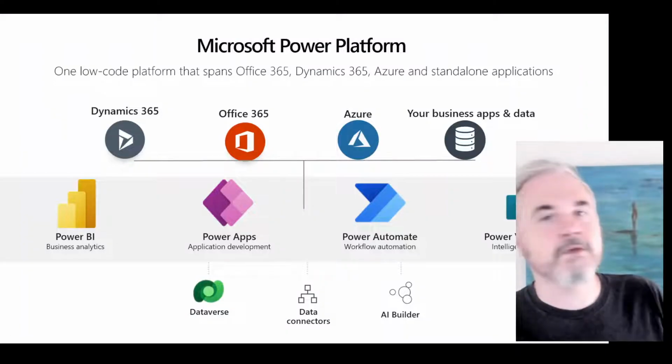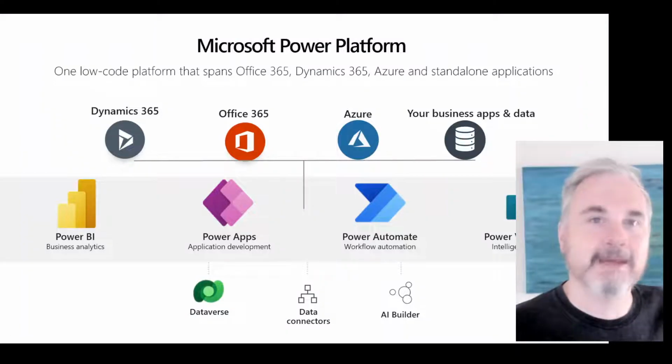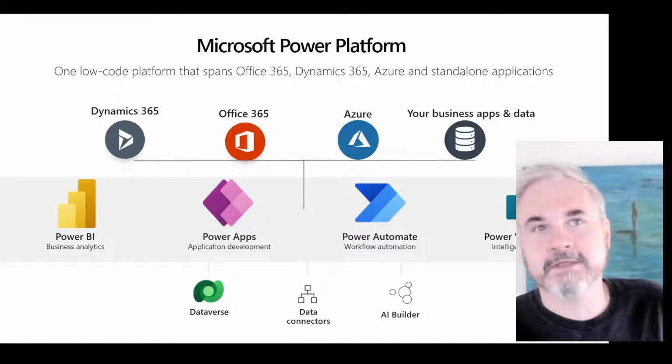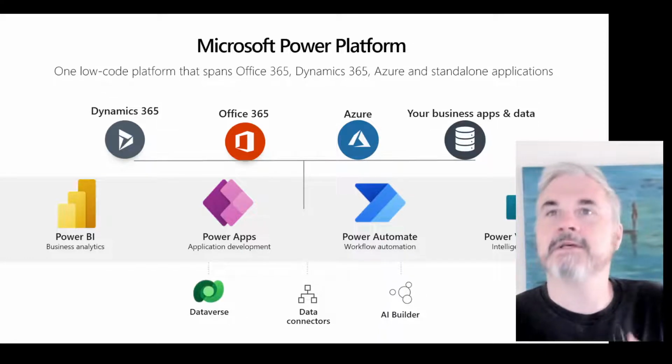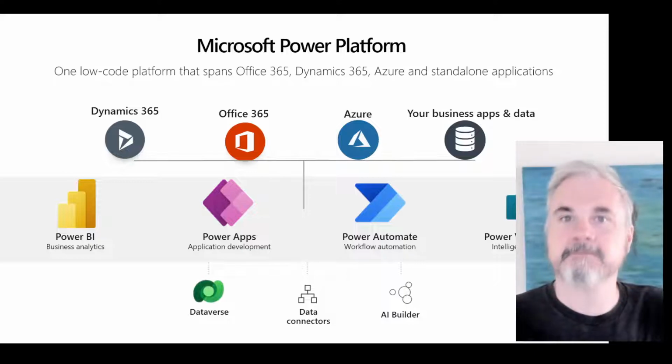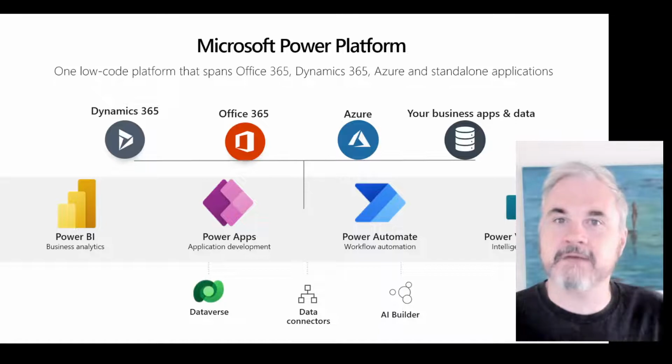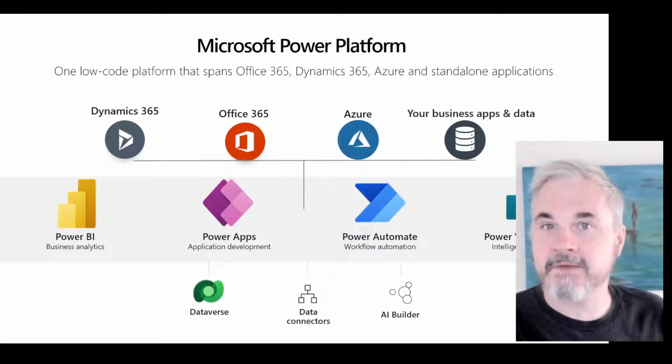And you know, you're on the Academy, you're aware of Power Platform. Just in very quick summary, Power Platform is these 4 core products: Power BI, Power Apps, Power Automate, Power Virtual Agents. And they have access to underlying services in the Dataverse, which we'll cover today, which is great.